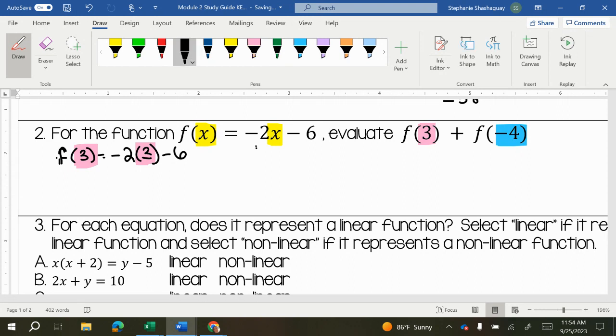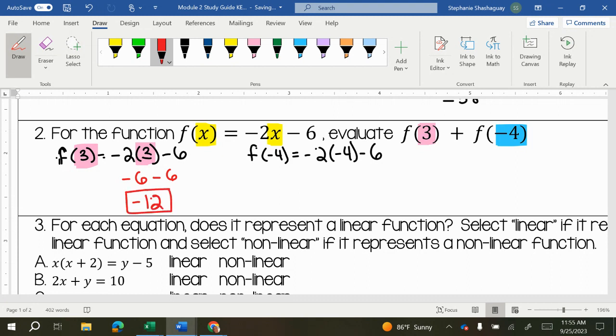I plugged in 3 anywhere there was an x. And then I also have to evaluate it for f of -4. So that's going to equal -2 times -4 minus 6. Now first I'm going to show you just doing it all by hand. So -2 times 3 is -6. -6 minus 6 is equal to -12.